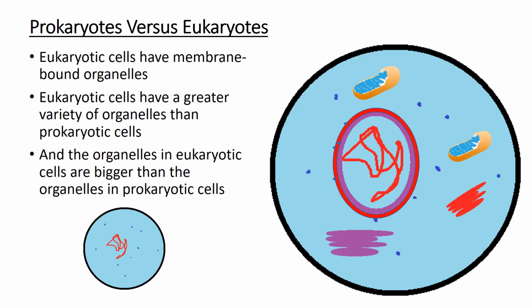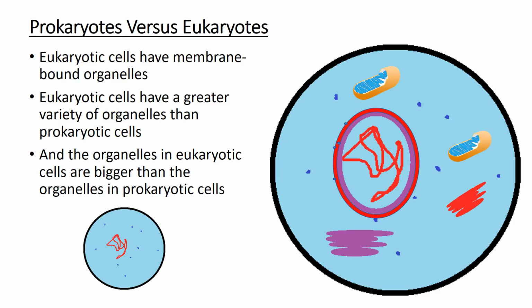Eukaryotic cells have membrane-bound organelles. This is one of the aspects of eukaryotic cells that distinguishes them from prokaryotic cells. Prokaryotic cells do not have membrane-bound organelles. Eukaryotic cells have a greater variety of organelles than prokaryotic cells, and the organelles in eukaryotic cells are bigger than the organelles in prokaryotic cells.